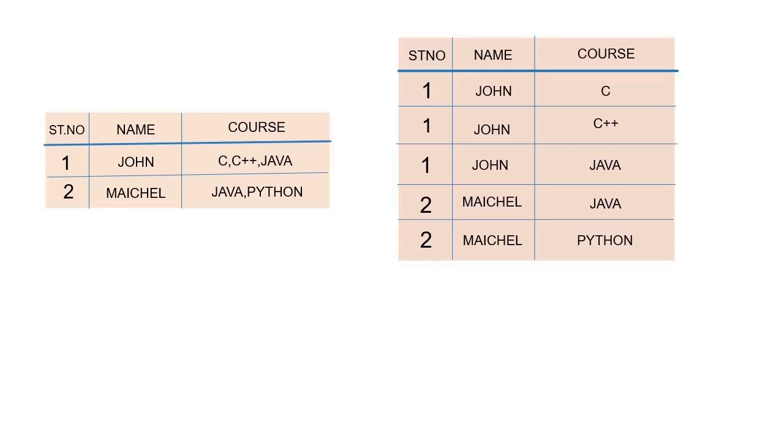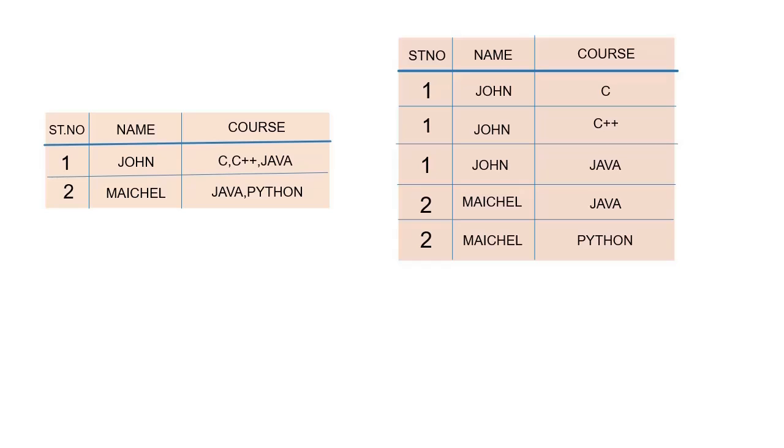But in the case of the first table, under the course, the SQL interpreter will store the information for John's course as C, C++, and Java. When we want to access only Java, it cannot return the information about the particular person, because it stores all the strings C, C++, and Java as a single string.